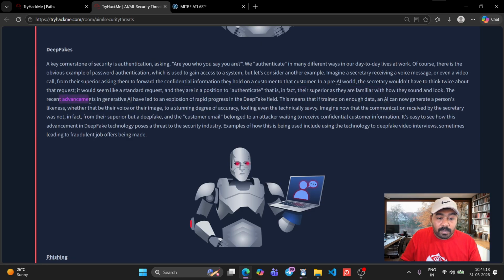The recent advancement in generative AI has led to an explosion of rapid progress in the deepfake field. This means that if it is trained on enough data, an AI can generate a person's likeness, whether that be their voice or their image, to a stunning degree of accuracy, fooling even the technically savvy.